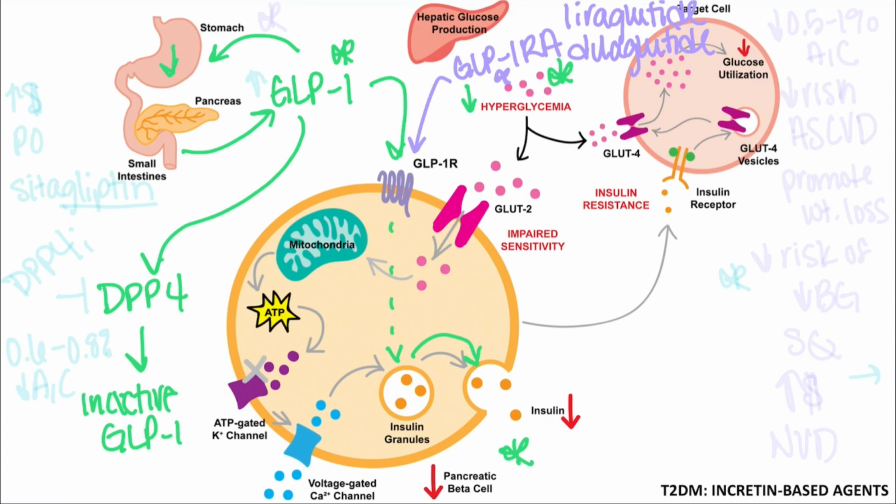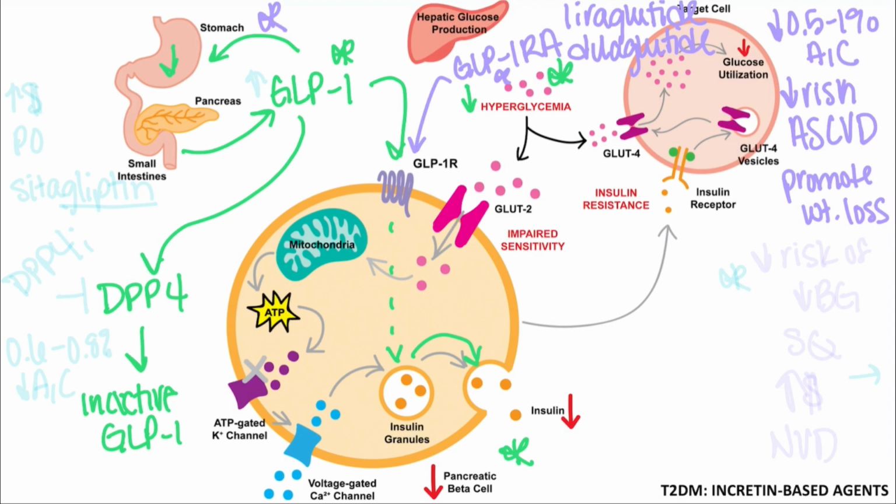These agents will lead to about a 0.5 to 1% reduction in A1C and have been shown to reduce the risk of atherosclerotic cardiovascular disease-related events. And they promote weight loss, due to that delayed gastric emptying time and the promotion of satiety.